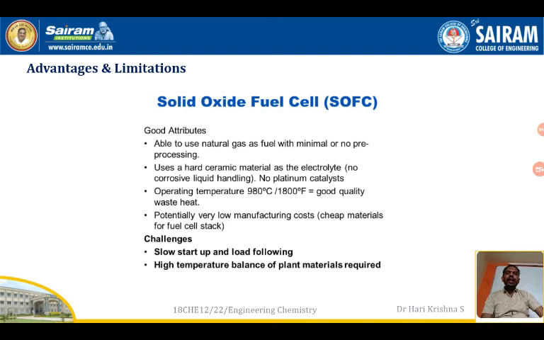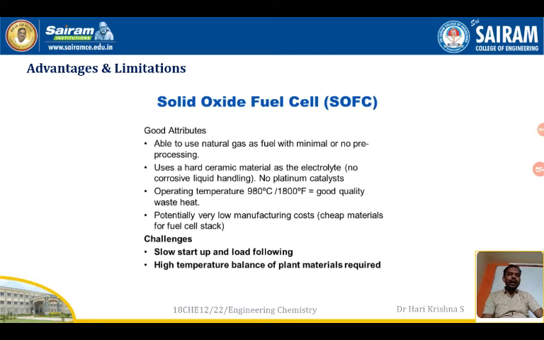Now the advantages and limitations. Some of the advantages are: it is able to use natural gas as fuel with minimal or no pre-processing. Since natural gas itself can be used as a fuel, processing is not at all required.